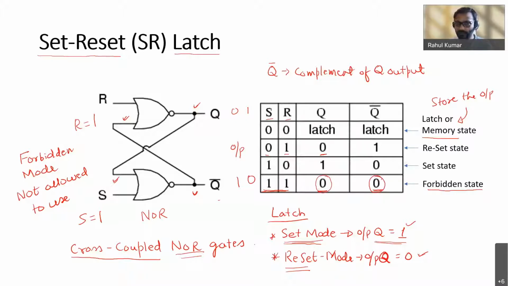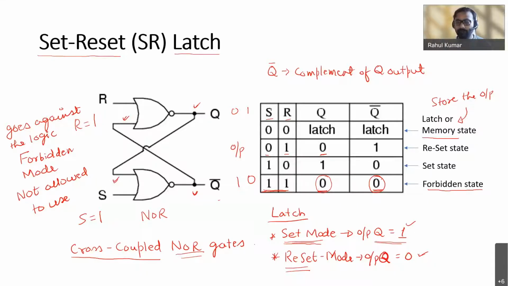So since it goes against the logic of our circuit, right? Both the outputs are coming out to be same, so we cannot use it. Okay. If you use it, your next output will be wrong.